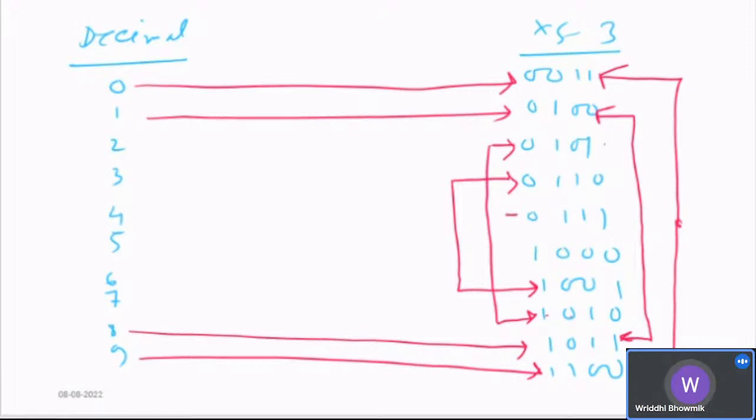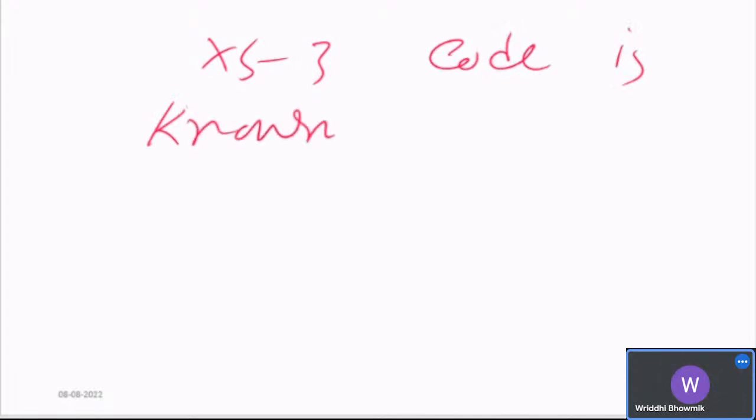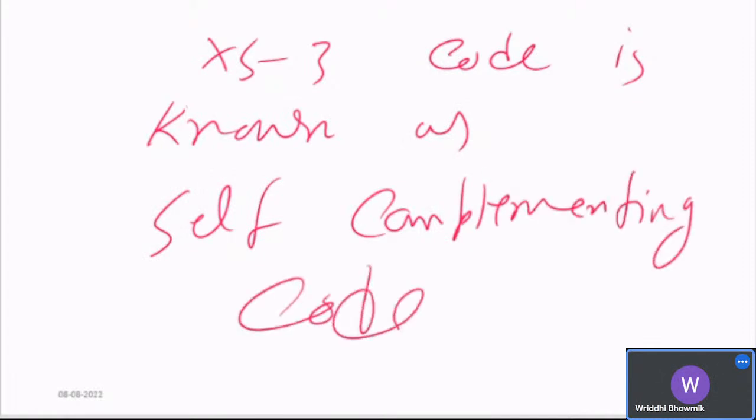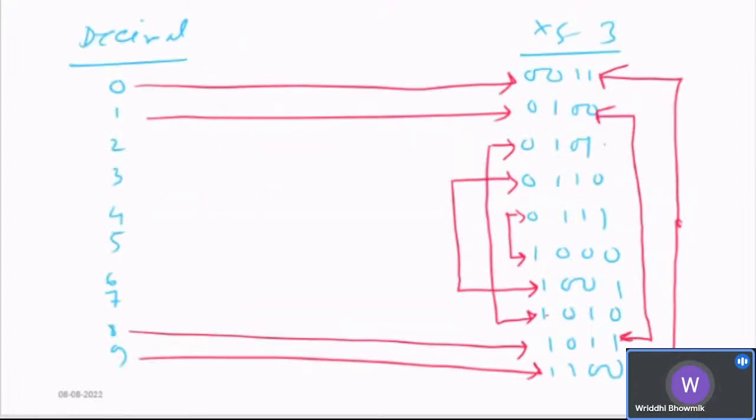And again, you have 0111 and 1000. So these are complements of each other. That is why XS3 code is known as self-complementing code. Do you understand what I am trying to say?